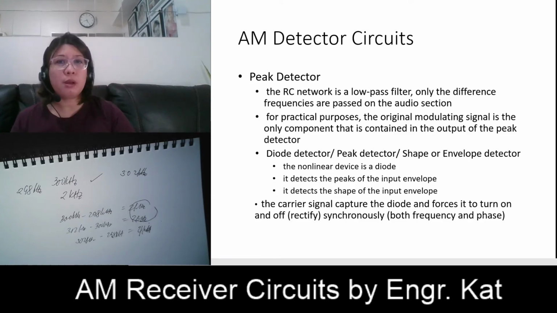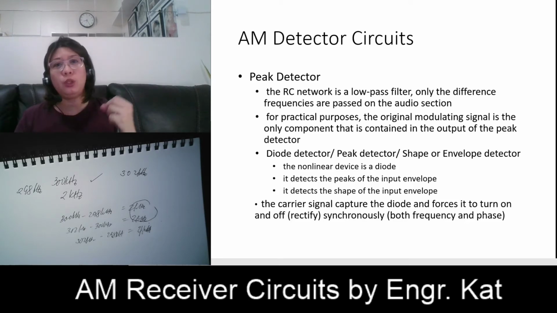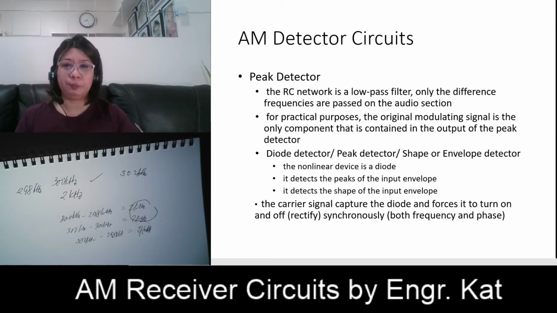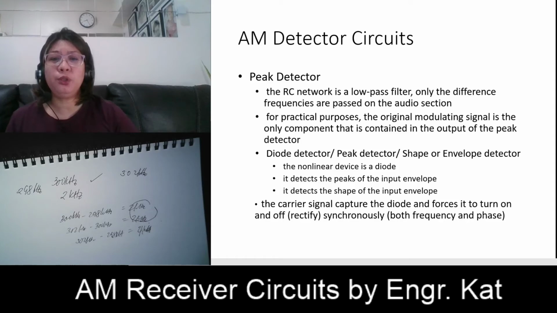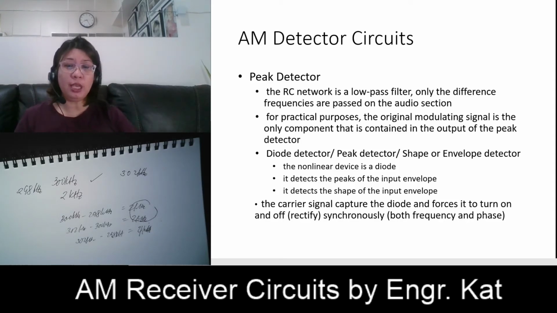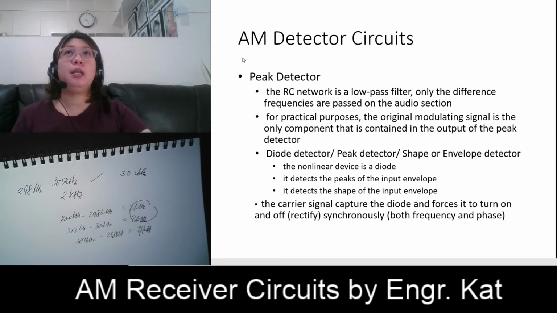When it is forward biased, we have an output. When it is reverse biased, we don't have an output. The turning on and off is what we call rectification, synchronously, both in frequency and phase. That is the function of our peak detector.